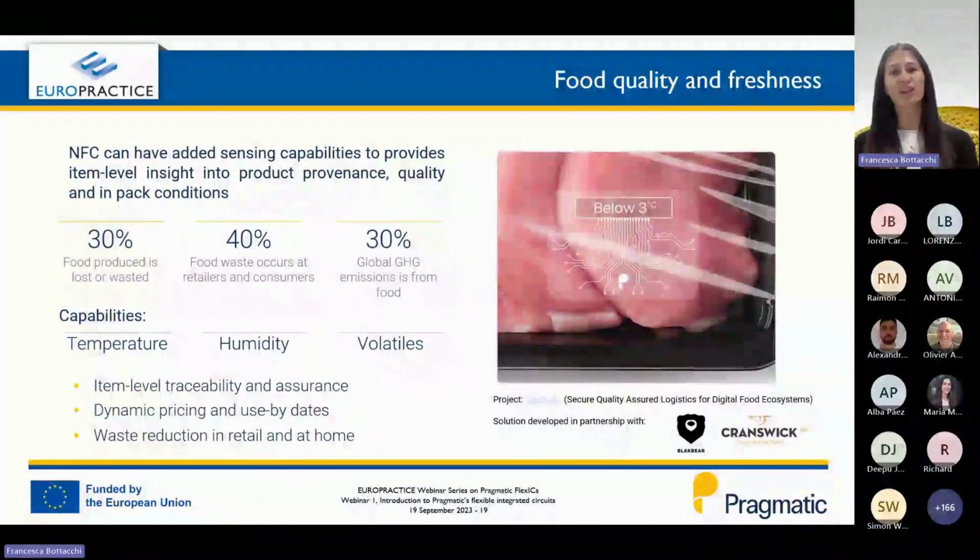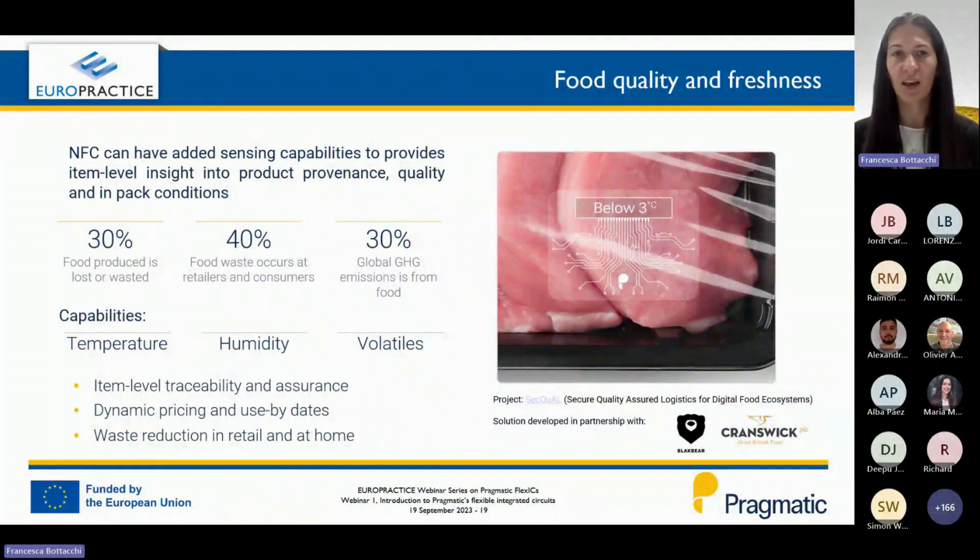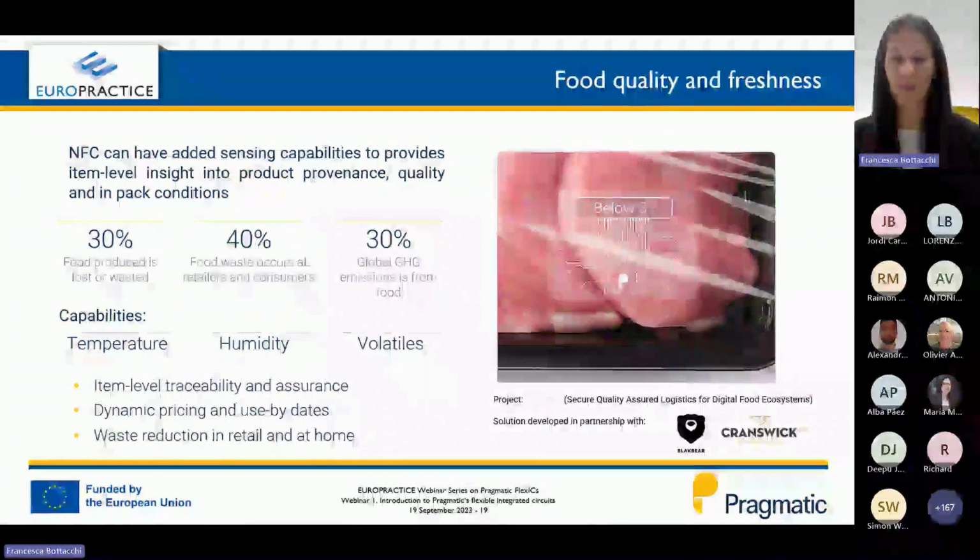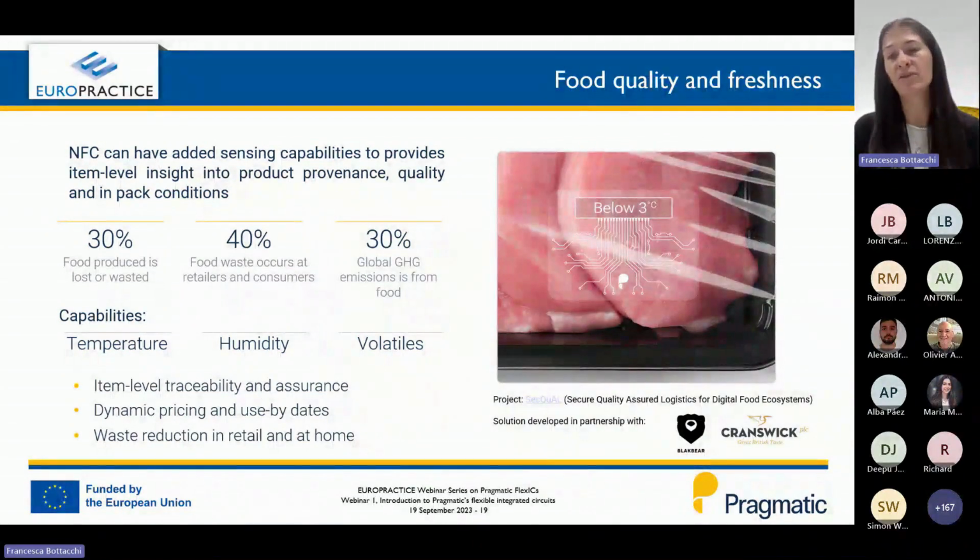30% of food is currently wasted, and 40% of the waste occurs at the retailers and the consumer. So there's a huge amount of food that is wasted simply because the use by date tells us that the food is not good anymore, even though the food might be perfectly safe to be consumed.